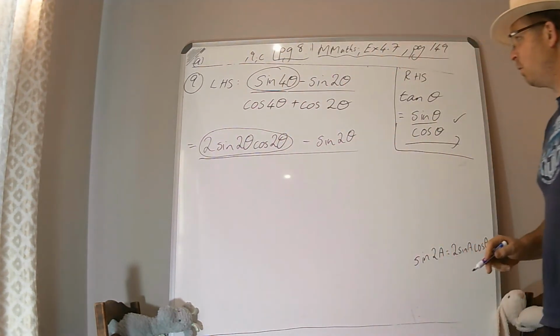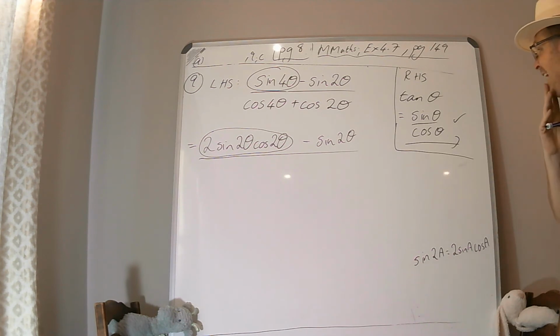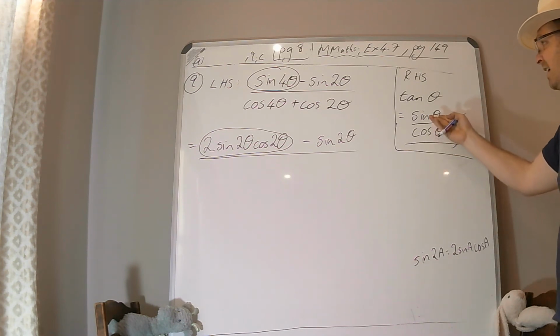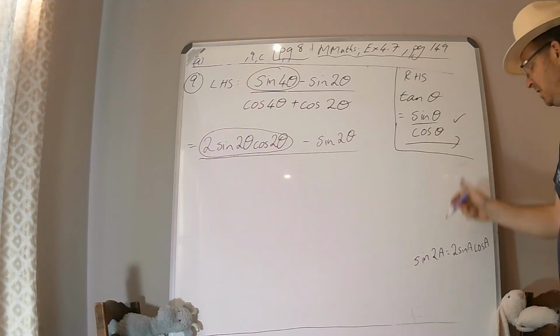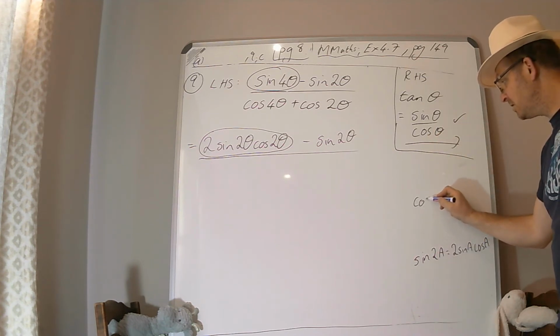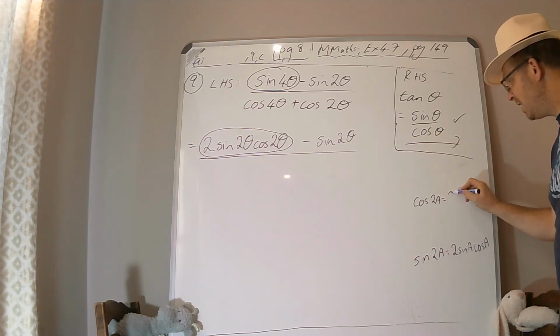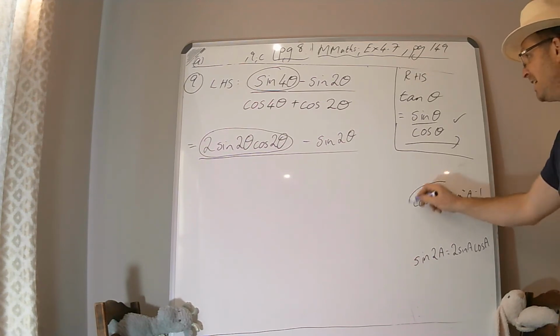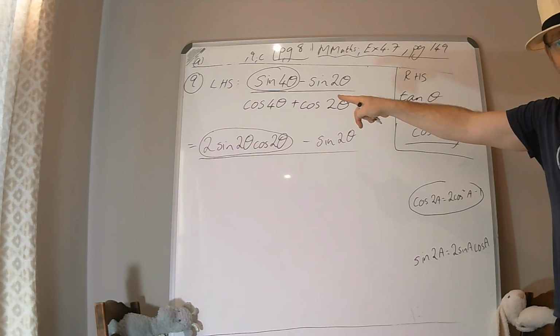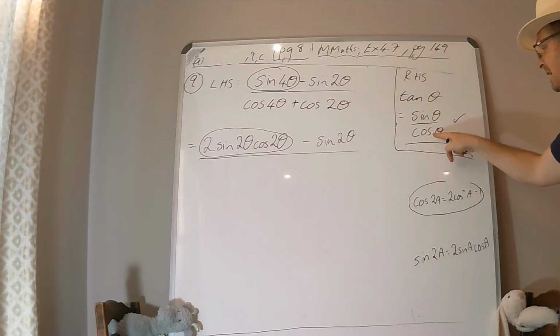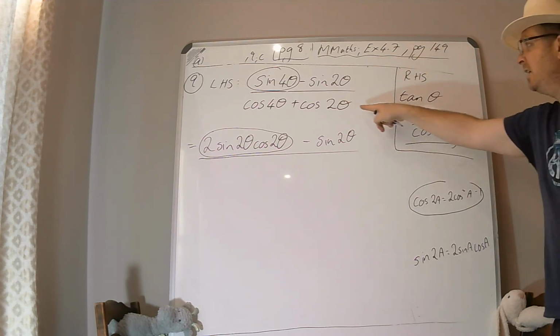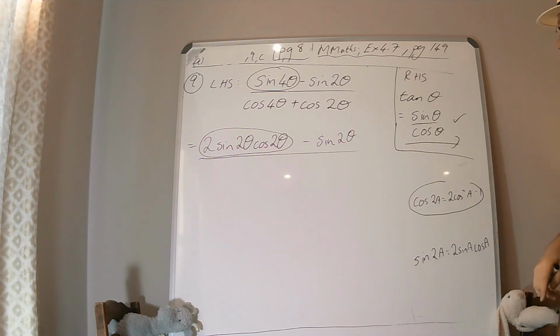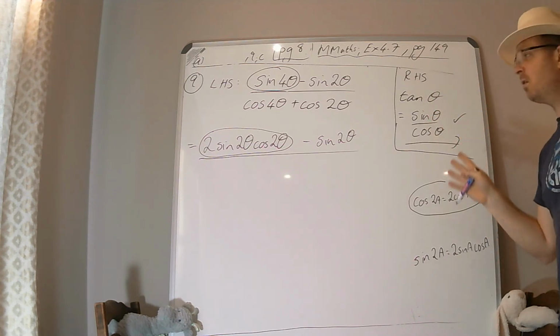So with cos 4 theta, again, look at this side. At the bottom there's only coses. So just like cos 2a could be written as 2 cos squared a minus 1, I'm going to use that logic for cos 4 theta, because I'm picking the cos option because there's a cos at the bottom here, so I want to keep cos at the bottom over there. That's what I'm saying. Keep glancing from left to right.